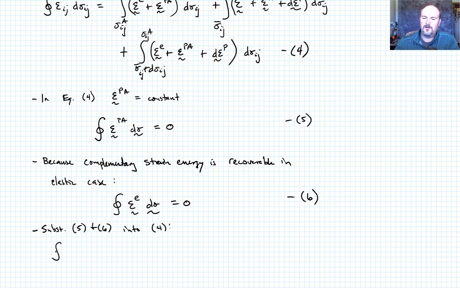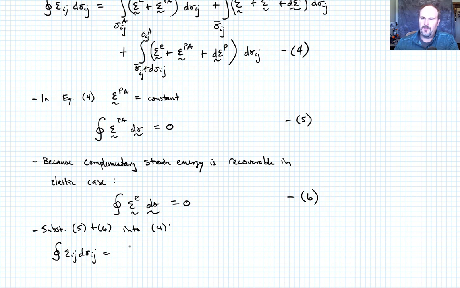That says that the integral of epsilon ij d sigma ij is equal to, so basically what we can say when we substitute 5 and 6 in is that because we have the elastic and epsilon PA in all three of these terms, those terms vanish as a consequence of equations 5 and 6.